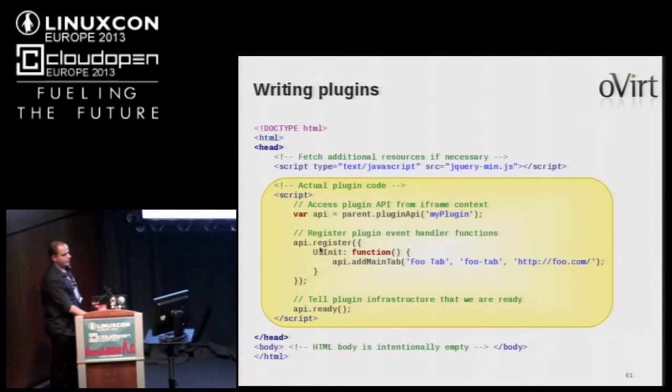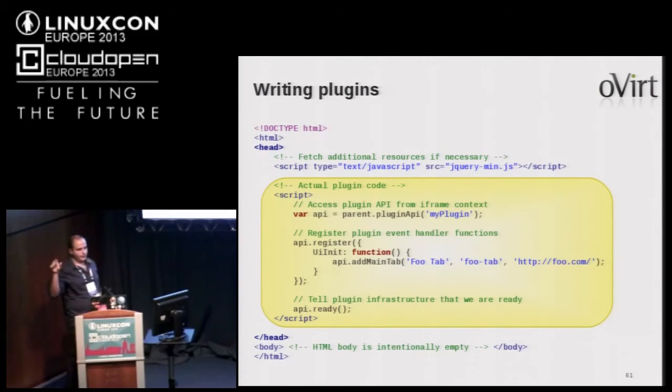In this case, I register the UI init event, which is triggered when the admin portal is initialized. The only thing I did here is add a new main tab. That's the label, that's a unique identifier, and that's a URL. That's it. So basically, that would create a new main tab.